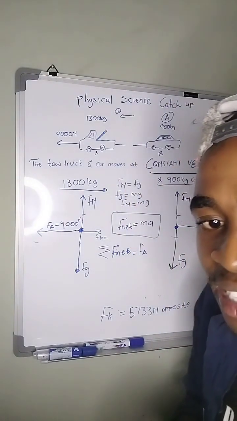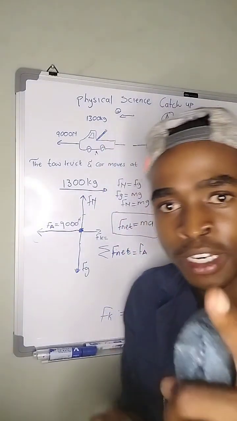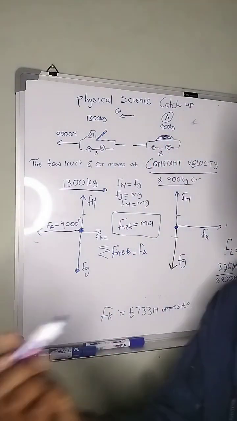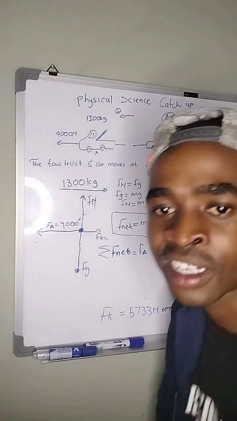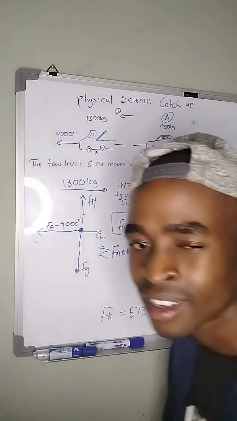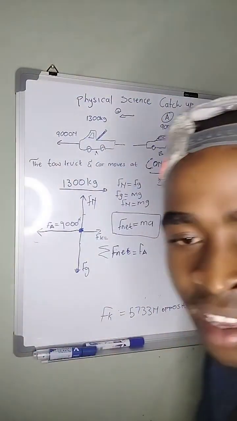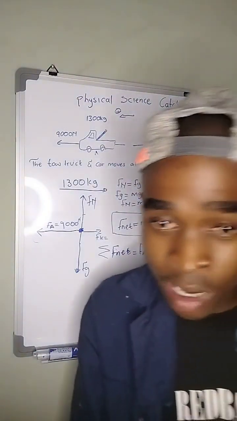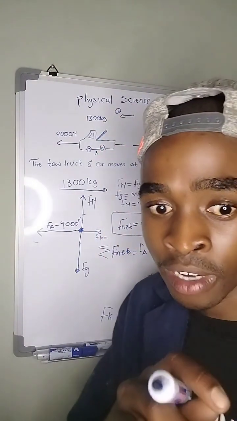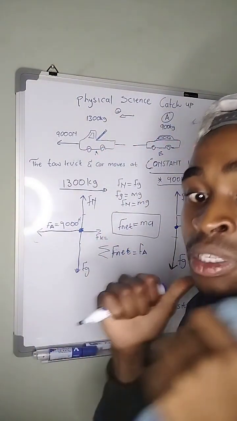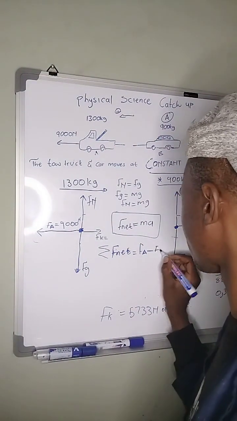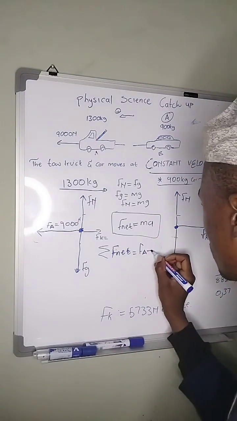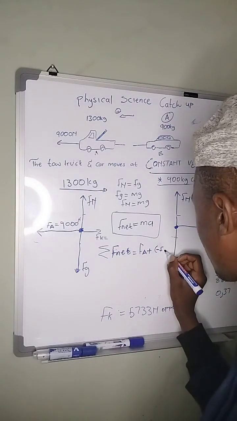Yeah, it's going to be negative, guys, because it is resisting the motion. It goes in the opposite direction. So it's going to be negative friction. Let me write it the correct way: plus negative Fk.